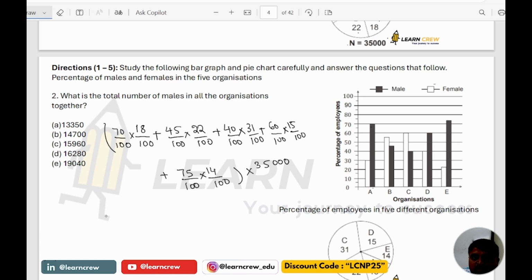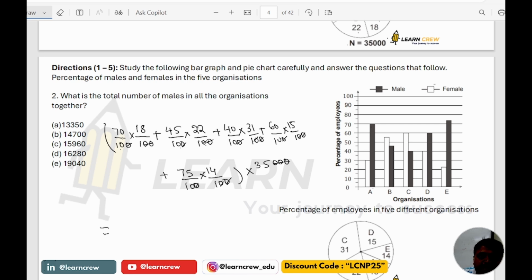Okay. Now we have to do simplification. If you do simplification here, inside you have 100 into 100, 100 into 100. So outside you have 3 zeros, and in the denominator you have 3 zeros for all terms. So I am doing cancellation of 3 zeros in the denominator for all.